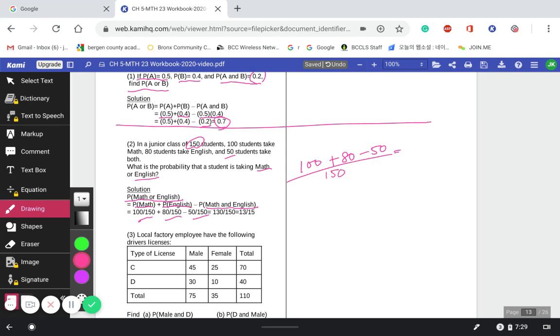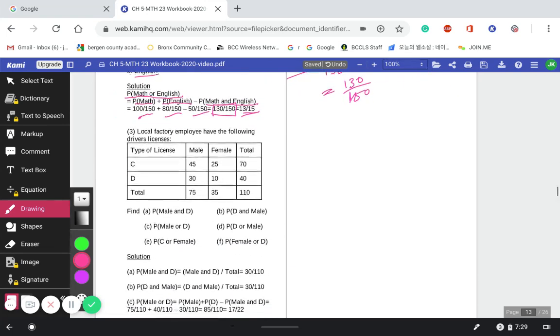So 180 minus 50 would be 130 out of 150. So that would be your answer for our purpose, but you can reduce it if you want to, but it's better that you leave it so we can see where these numbers are coming from.